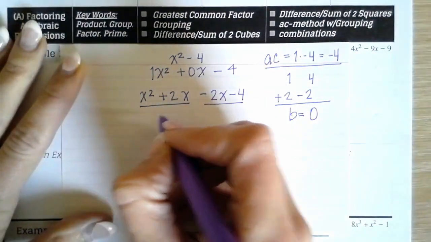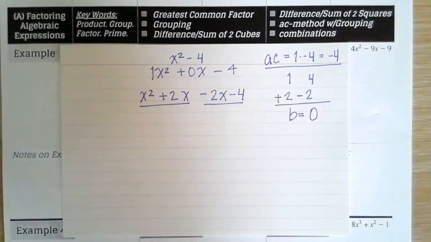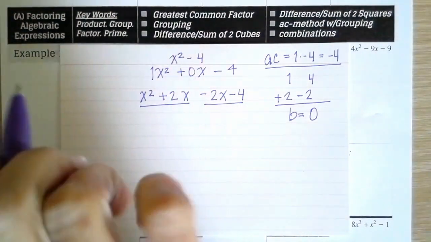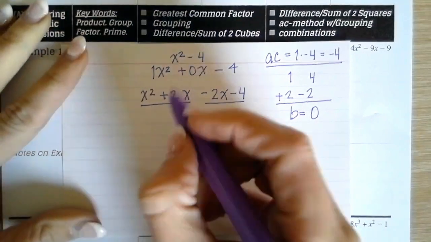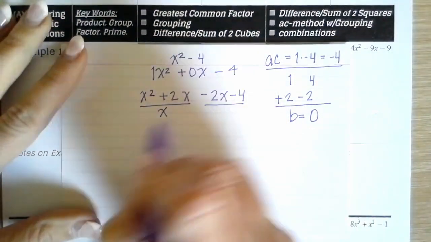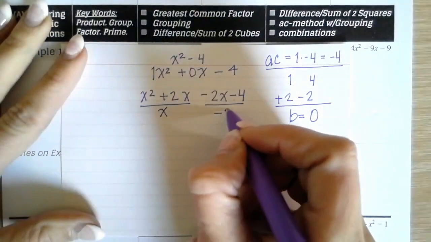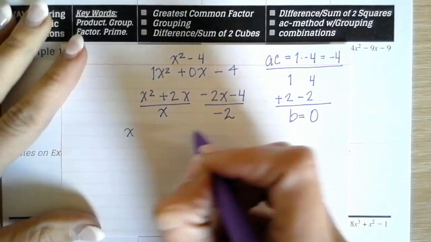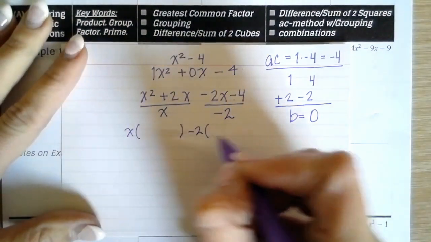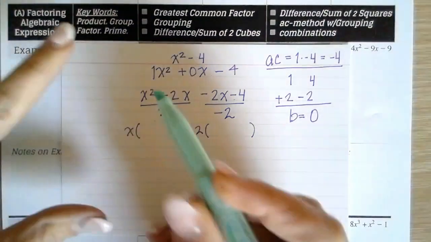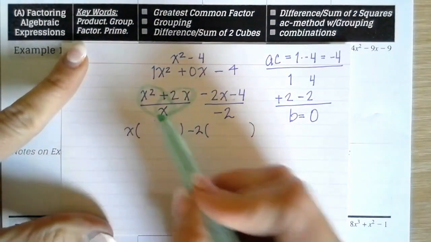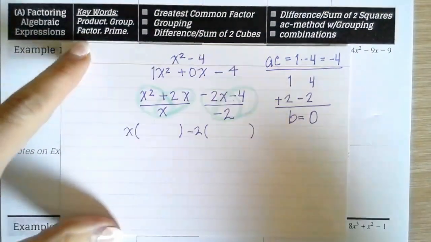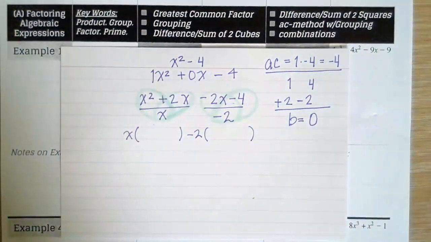Underline, underline, greatest common factor. What's the greatest common factor in that first group? I have x squared plus 2x, which is just x. And then here, my greatest common factor is negative 2. Bring it out front, bring it out front, parentheses, parentheses. Next, pretzel, pretzel. What goes inside? Reduce each of the ovals.